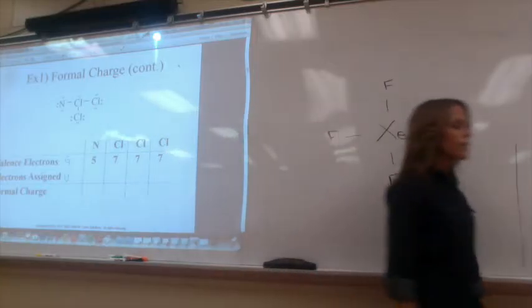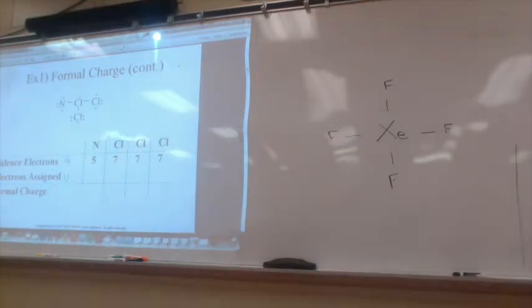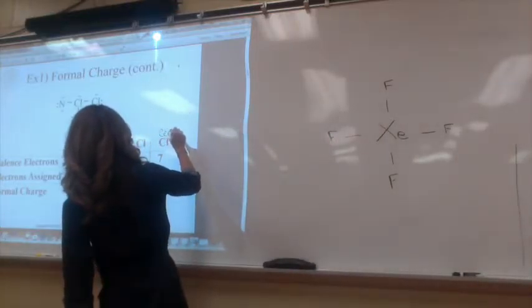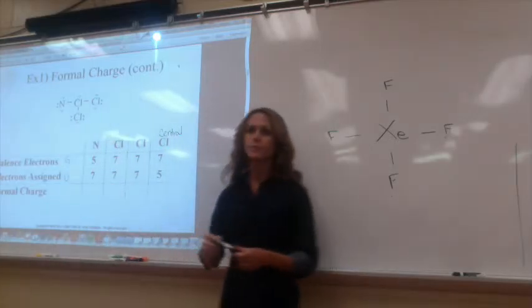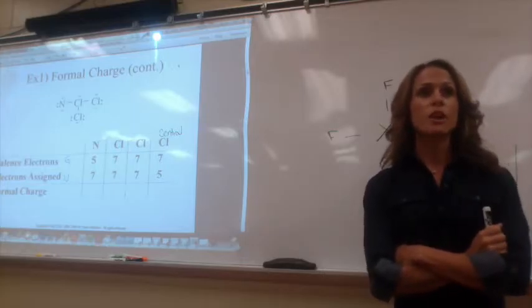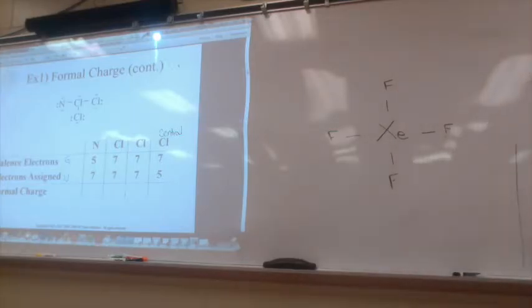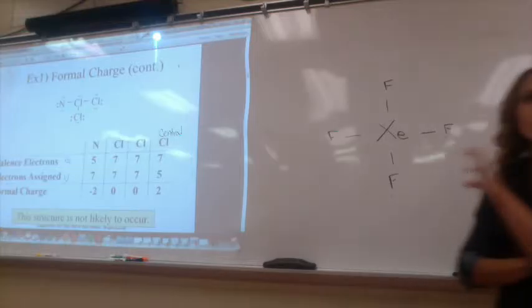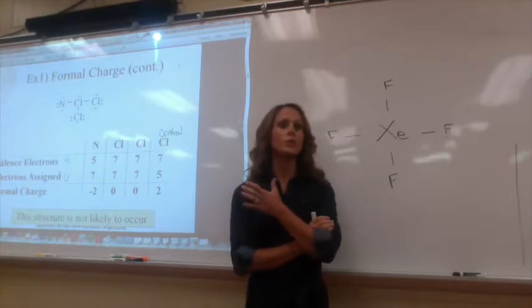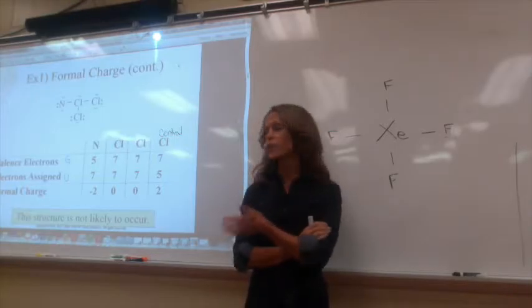Obviously, you should identify the chlorine that represents the central chlorine. It's the last one for me. This is my central chlorine, and these are my 2 terminal chlorines. Now I subtract them. So I get a -2, 0, 0, and +2. I still end up with a sum of 0, don't I? And this is a neutral molecule, so it should give me a 0 charge.